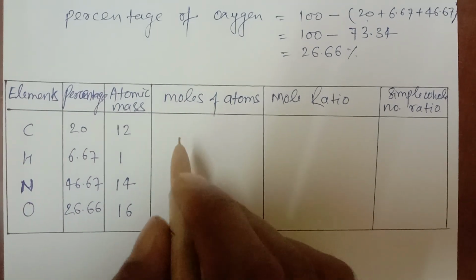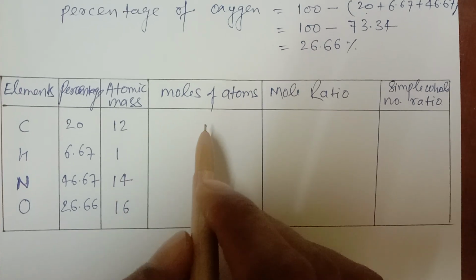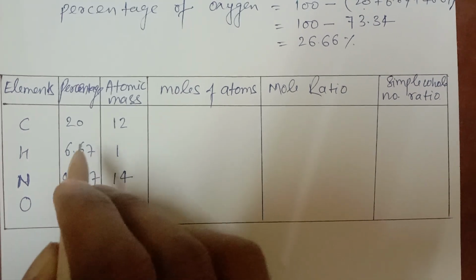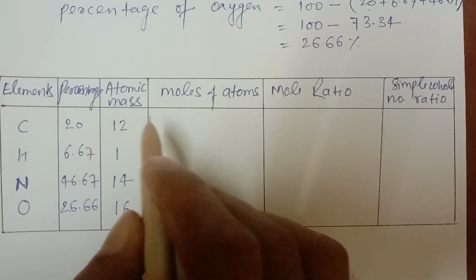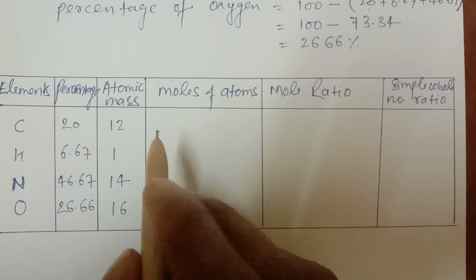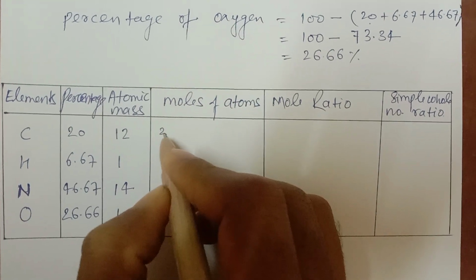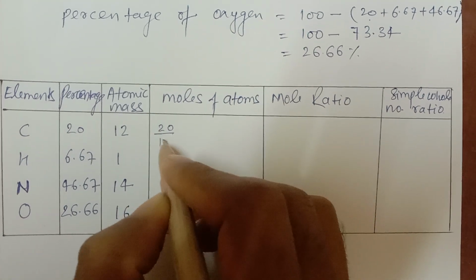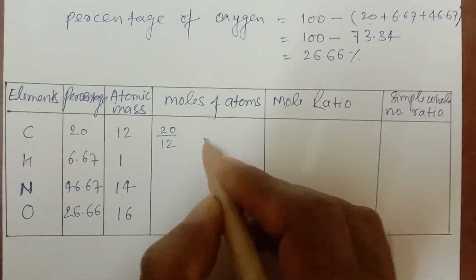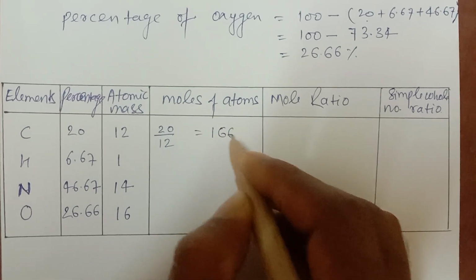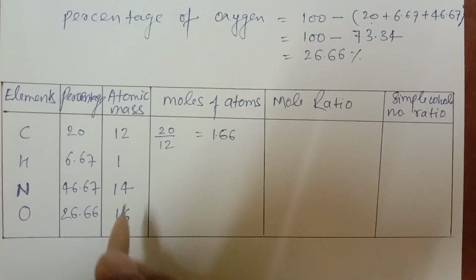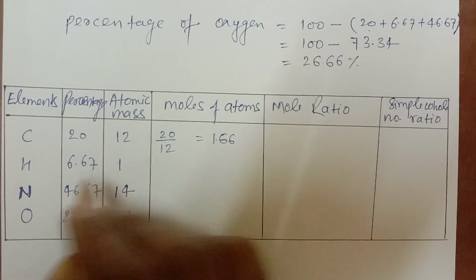Now we will calculate the moles of atoms. The formula is mass of atom divided by atomic mass. The percentage will act as the mass. Moles of carbon is 20 divided by 12, which gives 1.66.